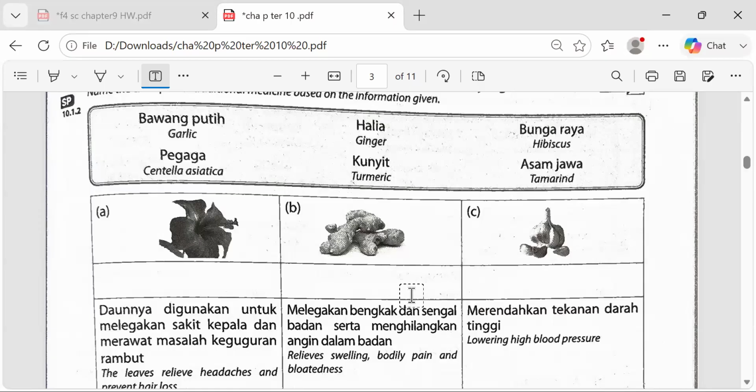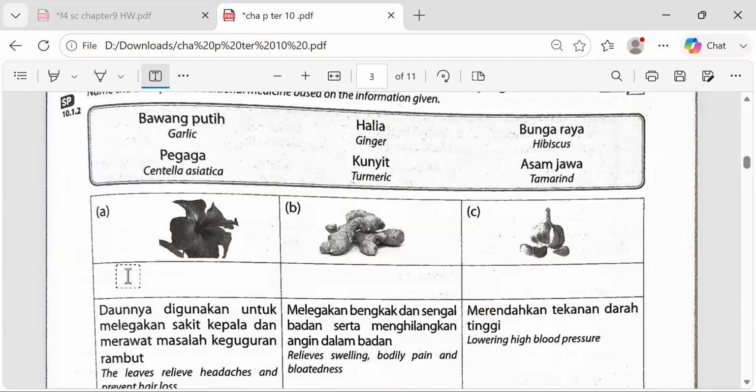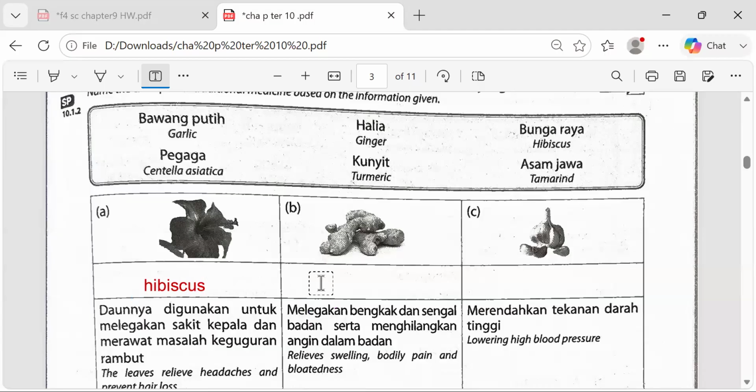If you don't know, this one is hibiscus. This is hibiscus tea. It has no taste, just a bit sour. All these are natural teas. They have no caffeine and no sugar. It's just a bit sourish.